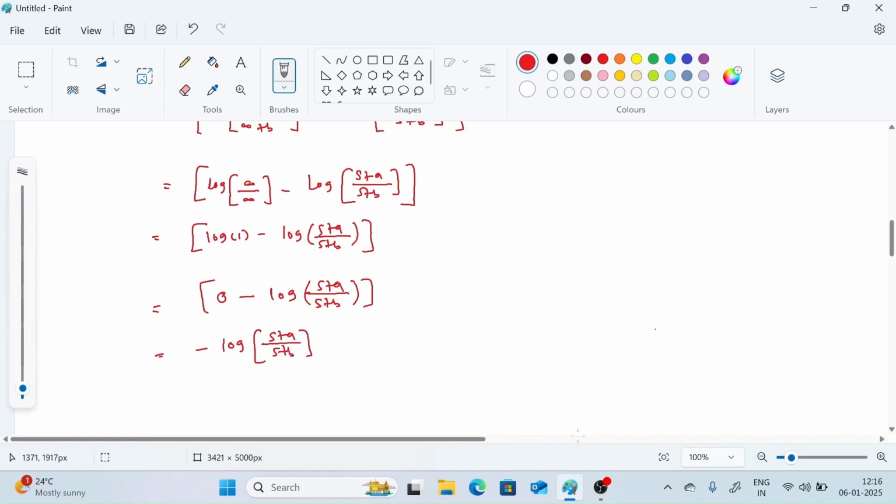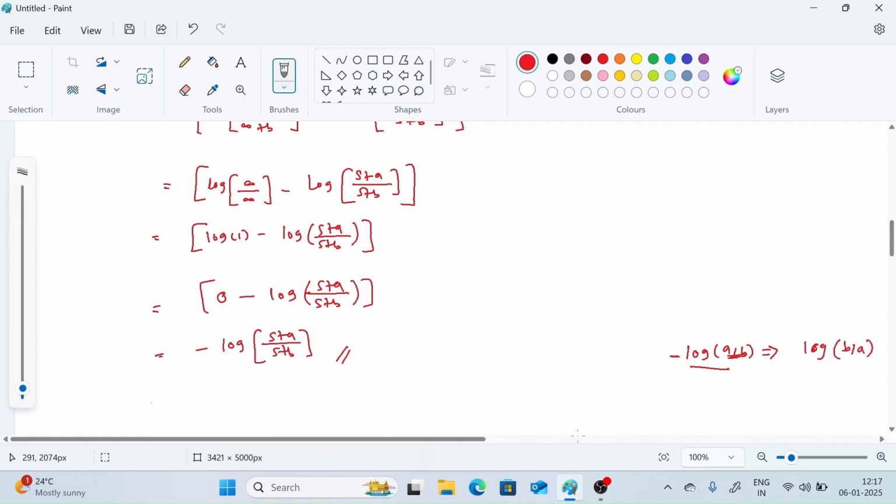Now you can keep this answer as it is, or you can apply one more formula which we have learned in 11th and 12th: whenever there is minus log a upon b, if you want to make it plus log, you can do so by just changing the term a upon b to b upon a.